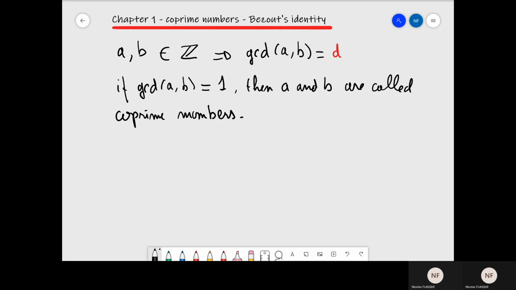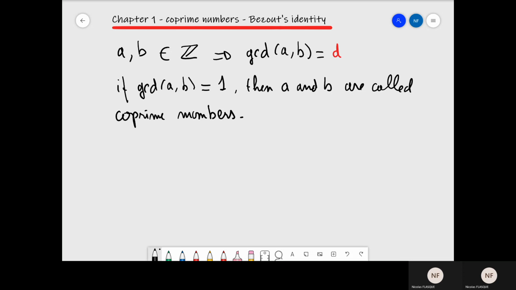That is, they share no other divisor than 1, no other number as a common divisor. This will be important because coprime numbers will be very useful, especially regarding the crypto system RSA, which we will see later.